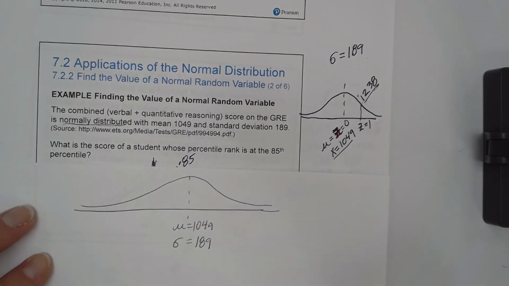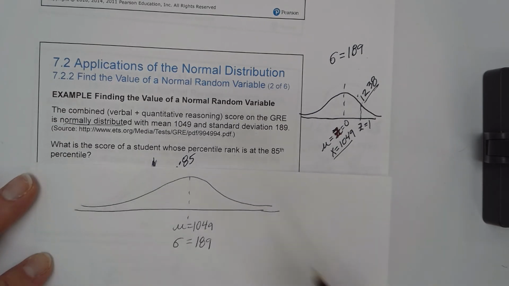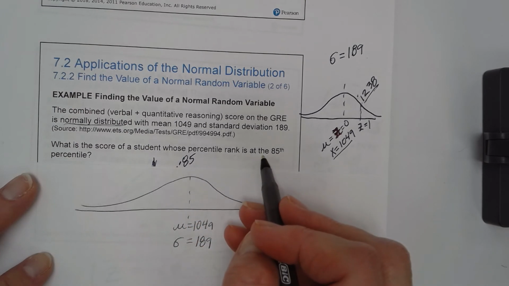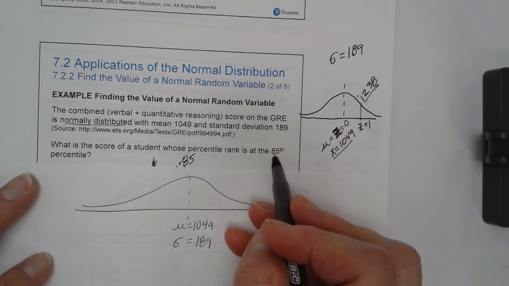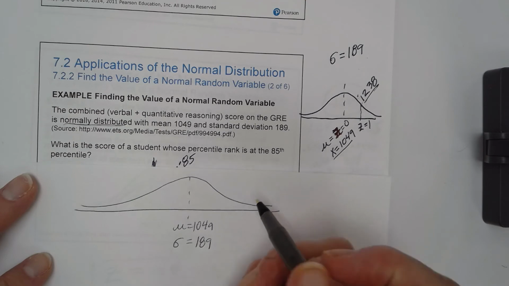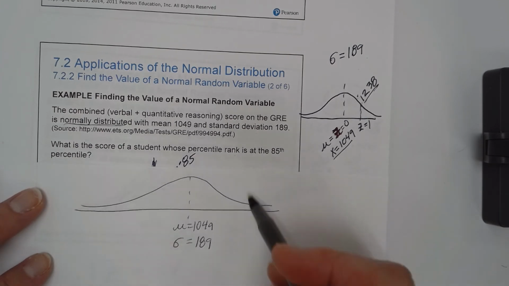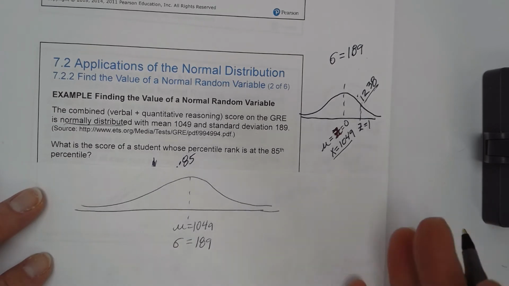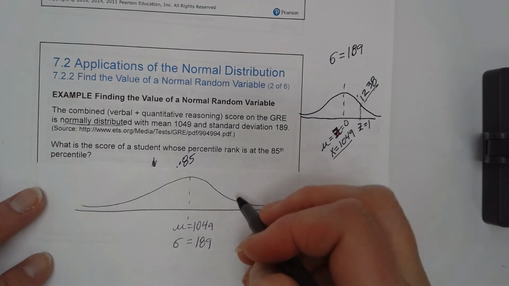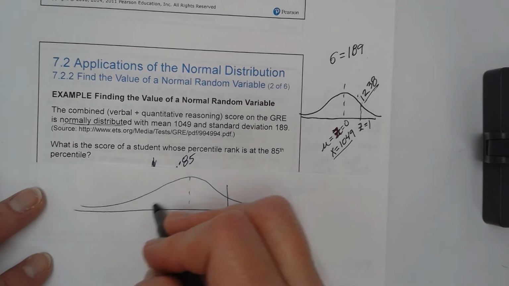Then it says, what is the score of a student whose percentile rank is at the 85th percentile? That means the area to the left of him or her, the student, is 85%. So where's that cut point going to be, to the right or to the left of the mean? To the right, because 50% is over here.